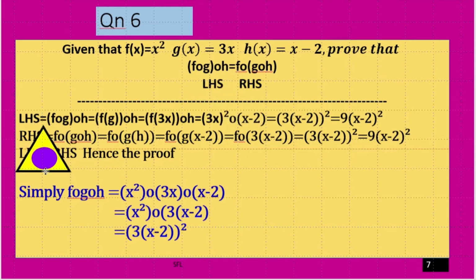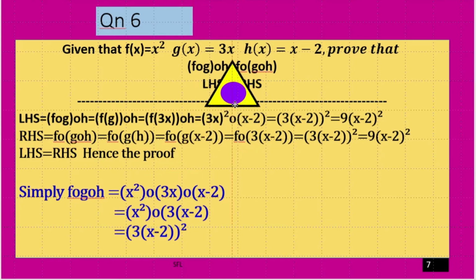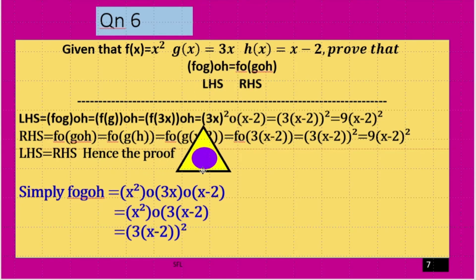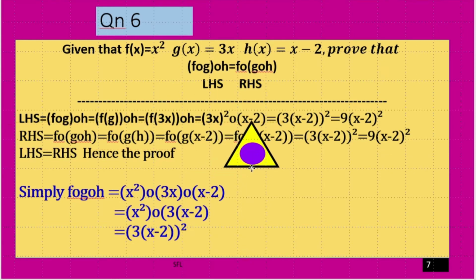First LHS equals (f∘g)∘h, f∘g then ∘h, equal to (3x)² ∘ (x − 2). Now x − 2 will replace x in this.